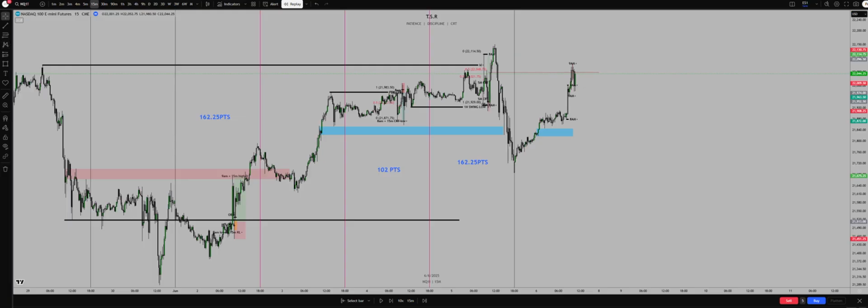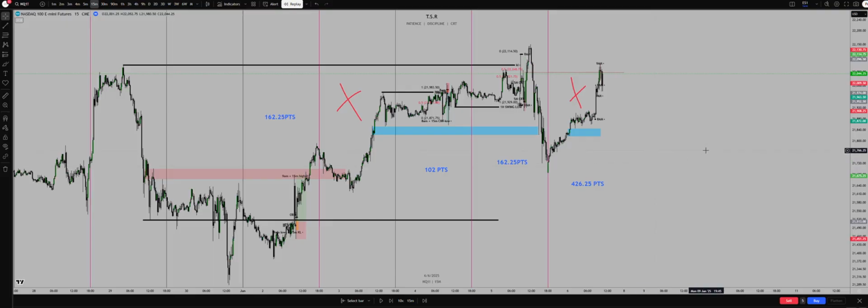So that's with Tuesday and Friday being out. 426.25 points. All right, so that breaks down the entirety of the first week of June using the 9 a.m. CR model. Okay?